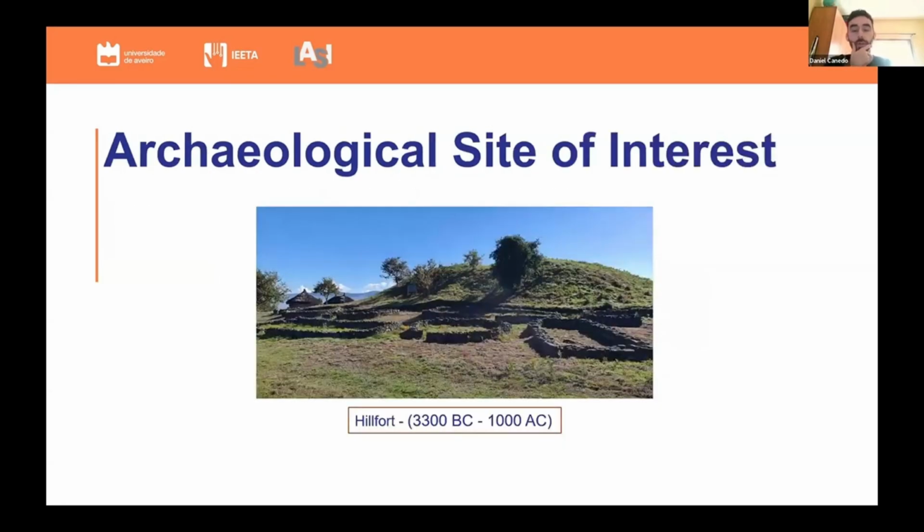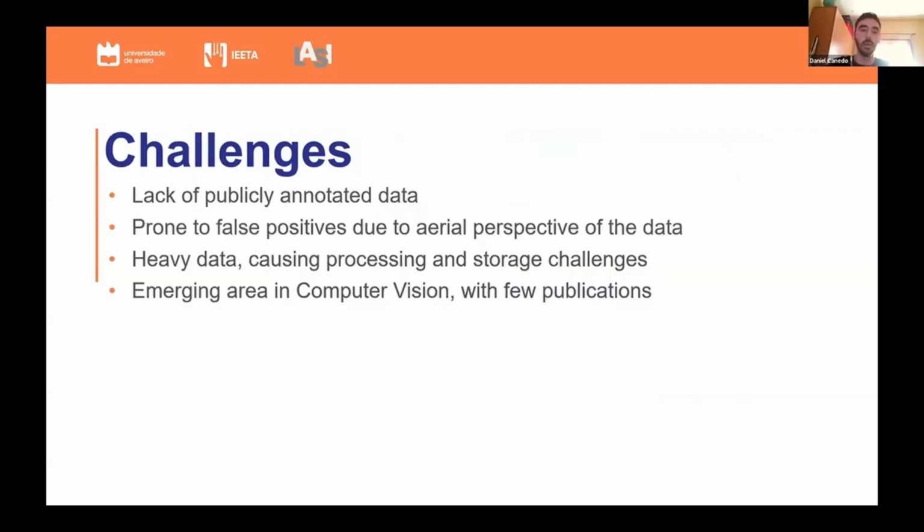The archaeological site of interest for this work was the hill fort, and you can see here in this image what they look like. They are some kind of enclosures that do not have a defined shape, which complicates things for machine learning models to detect them.